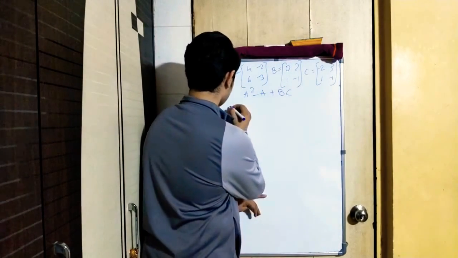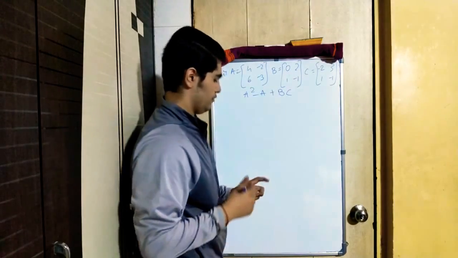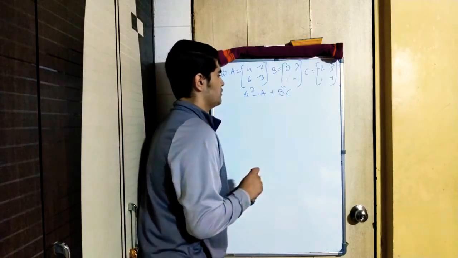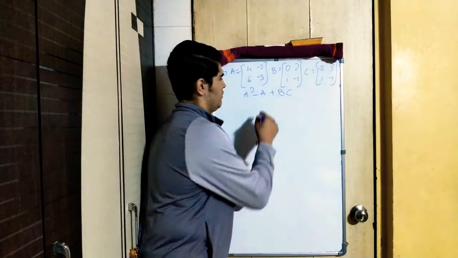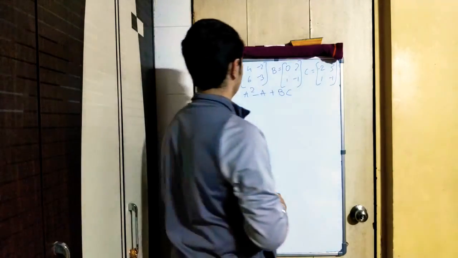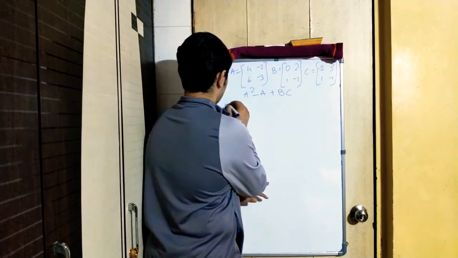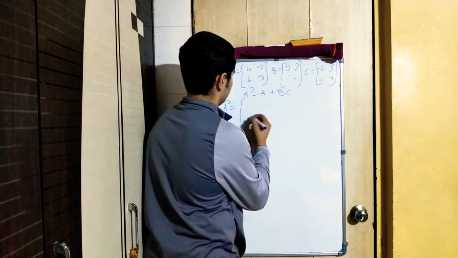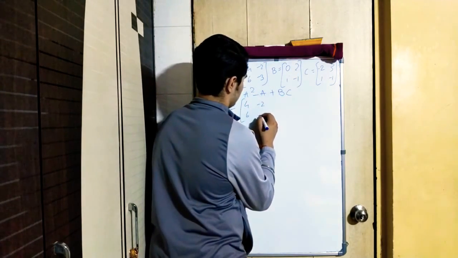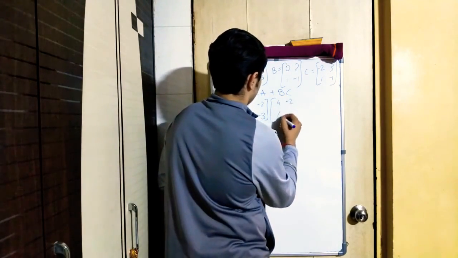First, if you want to present the sum in a good looking way, you first solve A squared. You have the value of A as it is, and then you solve BC. So first I solve A squared. A squared is equal to [4, -2; 6, -3] into [4, -2; 6, -3].